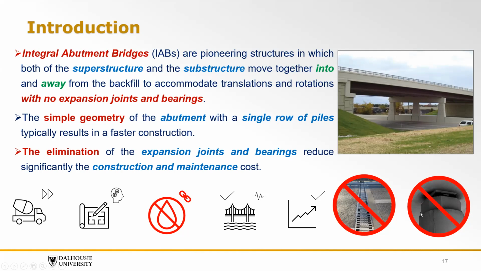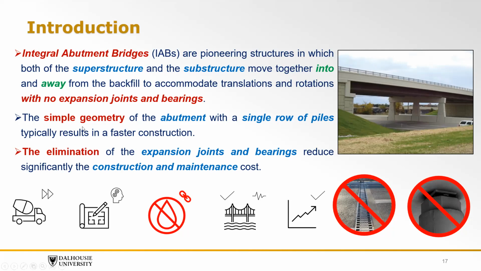Accordingly, we need frequent maintenance, and this is a huge cost. So they moved to integral abutment bridges, where the structure and the abutment of the bridge are poured together, working as one structure, eliminating the need for any joints or bearings.